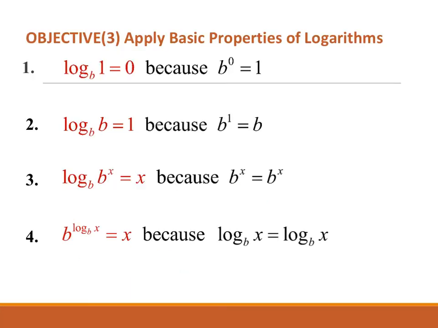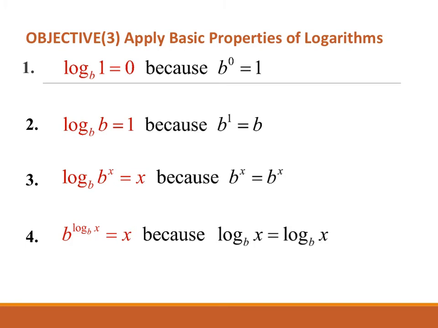Objective 3 is to apply some basic properties of logarithms. We will notice that the log base b of 1 is equal to 0, primarily because b raised to the 0 power is just 1. And the log base b of b is just equal to 1 because b raised to the first power is equal to b.